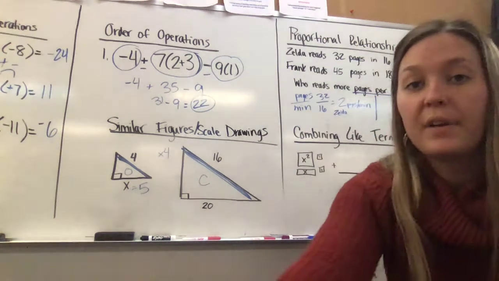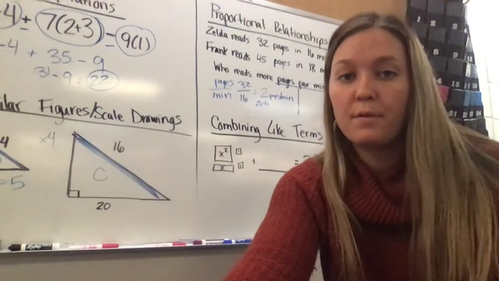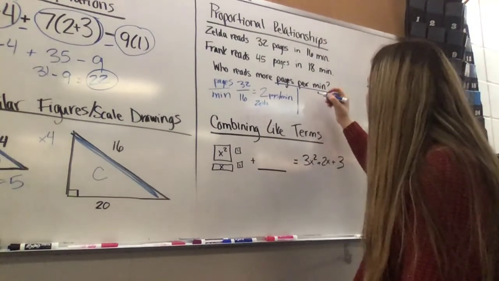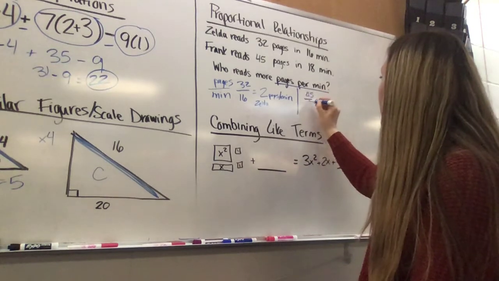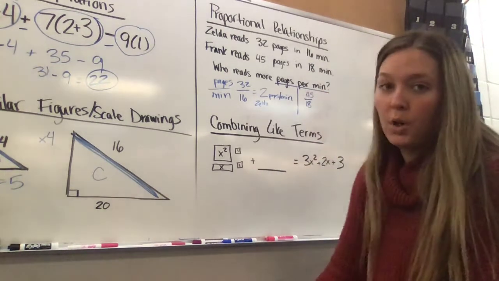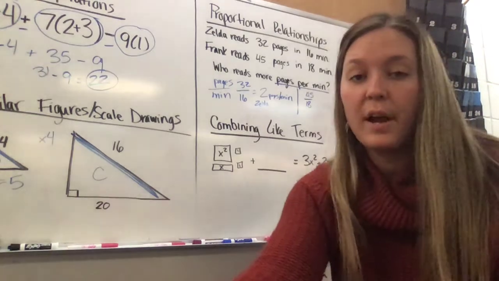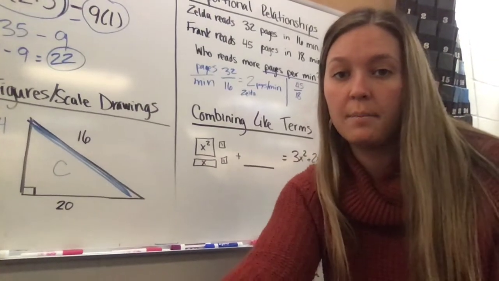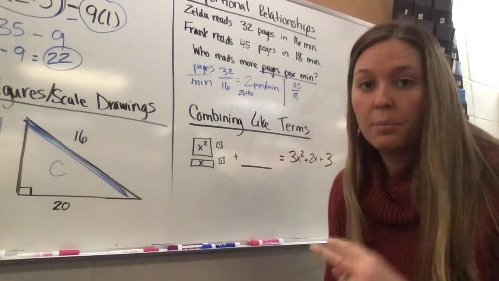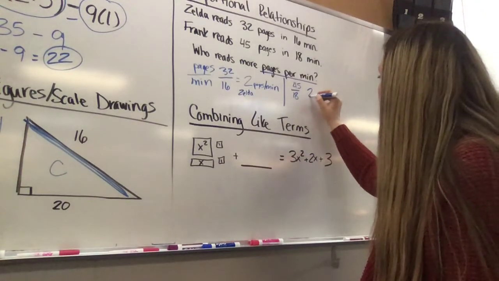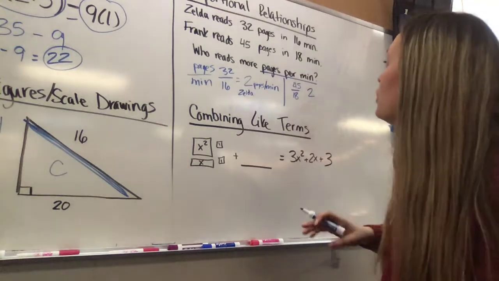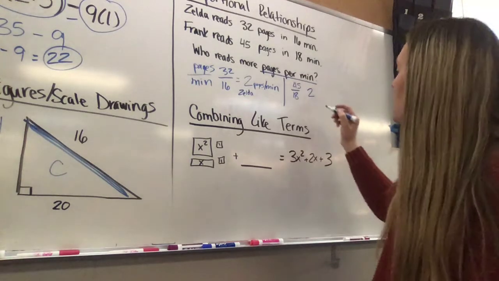Next thing we need to do is figure out Frank. So Frank's is 45 pages in 18 minutes. So I'm going to turn that improper fraction into a mixed number. So I know I can pull out 2 full 18s, because 18 times 2 is 36.